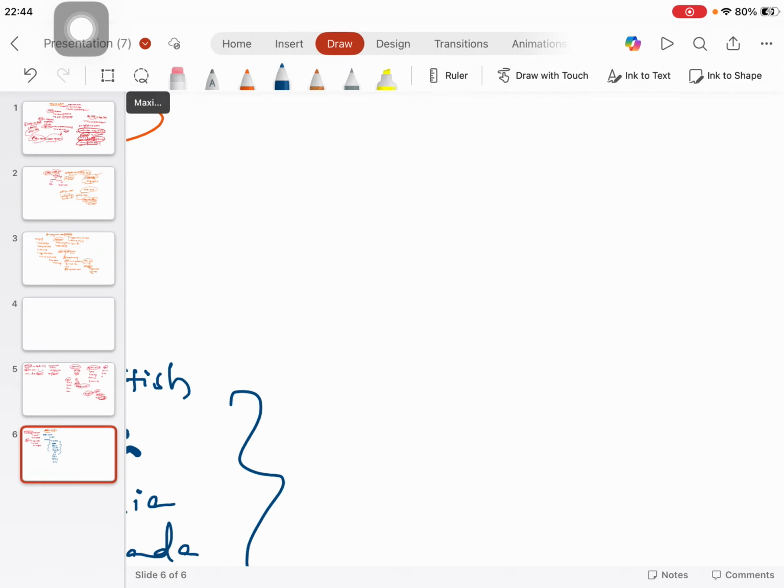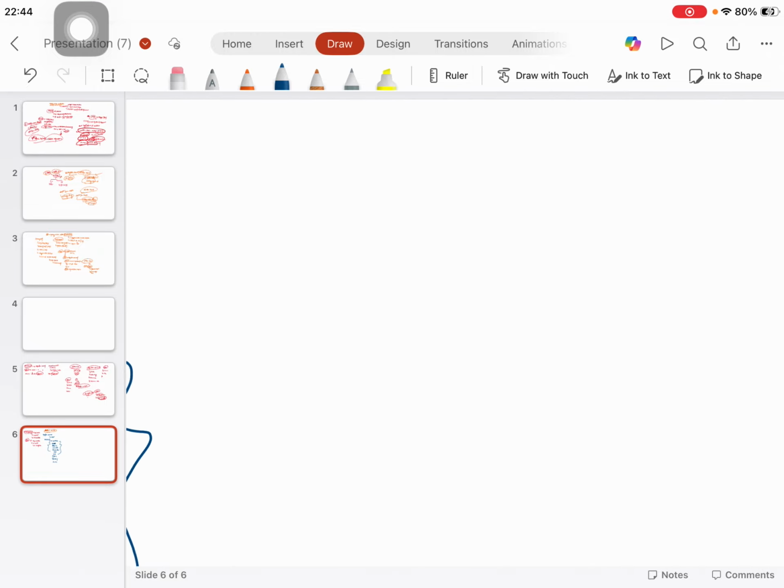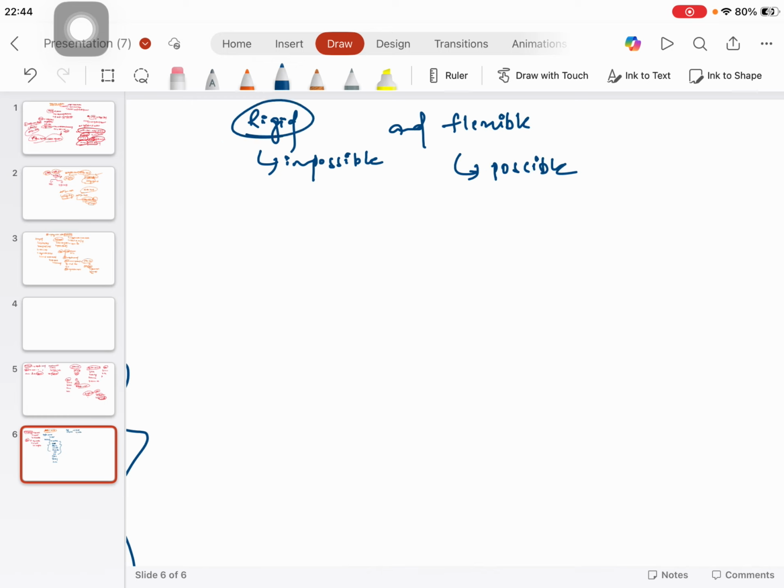This is one thing. Now, features. It is said to be rigid, impossible, and flexible, possible. So rigid and flexible means it is impossible to do, but it is flexible to do.